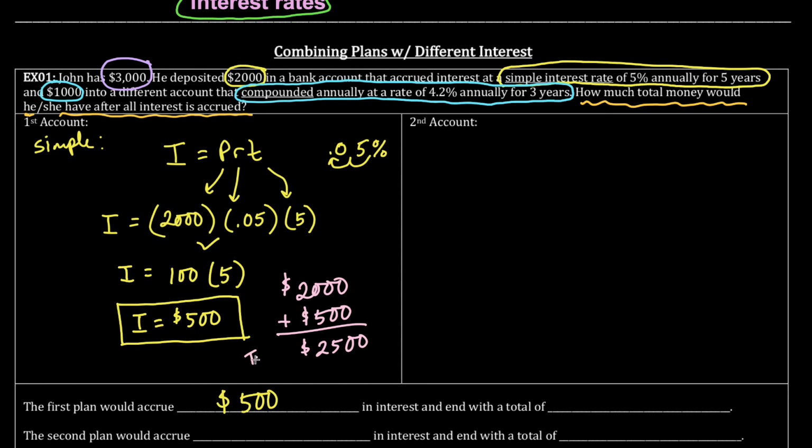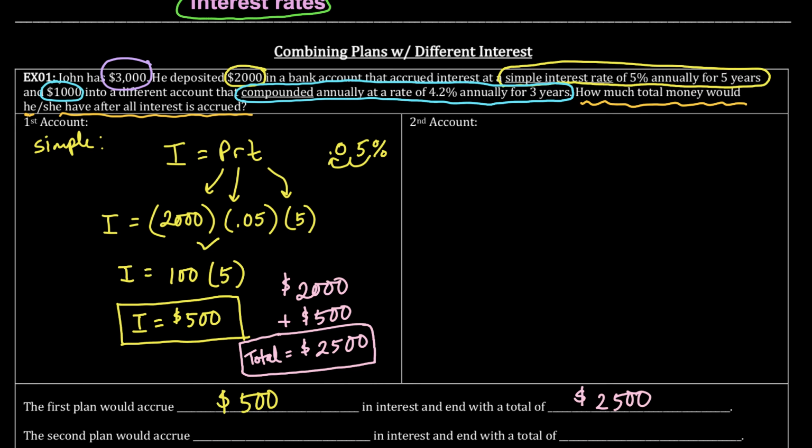Total equals this much. So your first plan would accrue $500 in interest. You started with $2,000 in this account, it earned 500, so now you have $2,500 total. Let's look at the second plan.